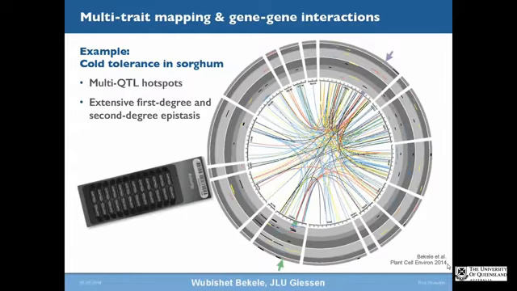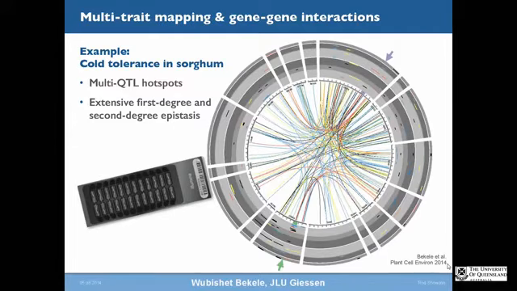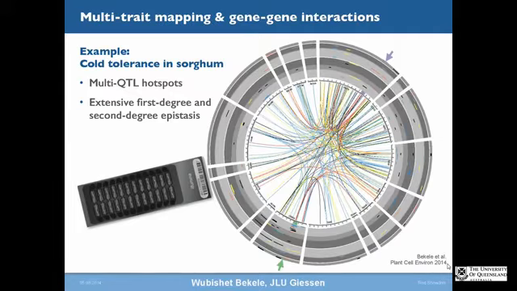And it's extremely complex, but at least we can focus in on specific areas where we have like a concentration of QTL, for example, for many different traits. And we can say, okay, this seems to be a region which may be like a major or a master regulatory region for all of these different stress-associated traits.